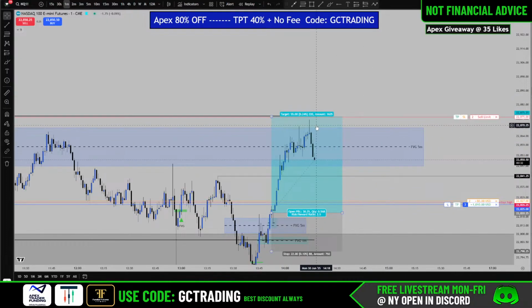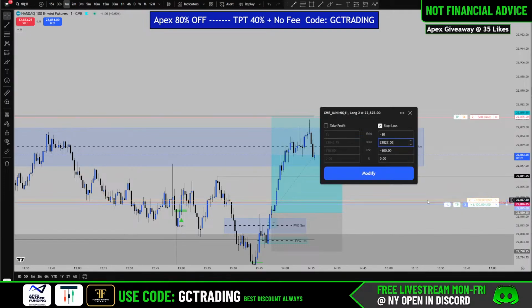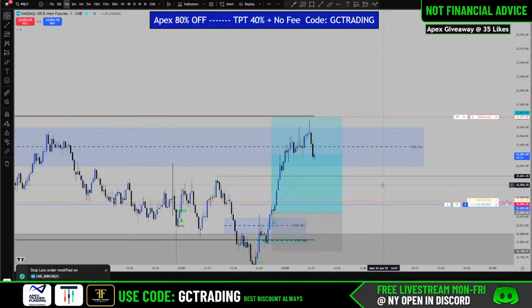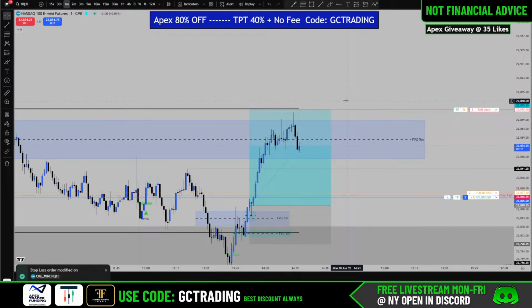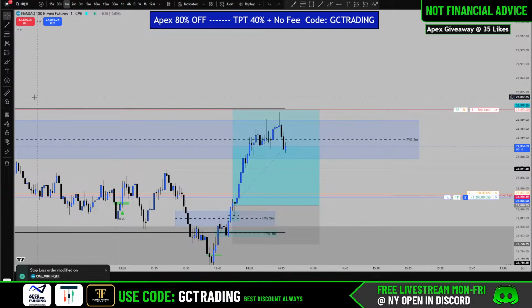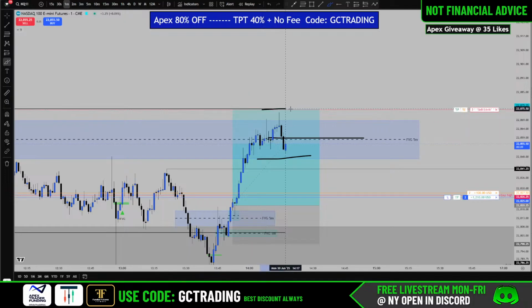All right, so we got so close to our target, guys. We're gonna trail. No, we'll probably leave it here. I do have to go in a few minutes, but let's see if we can push up and hit this. We did take off 2 contracts here, 2 contracts here, and we have 2 left that almost got hit right there.